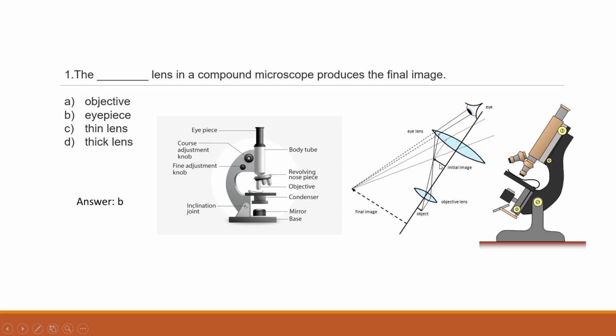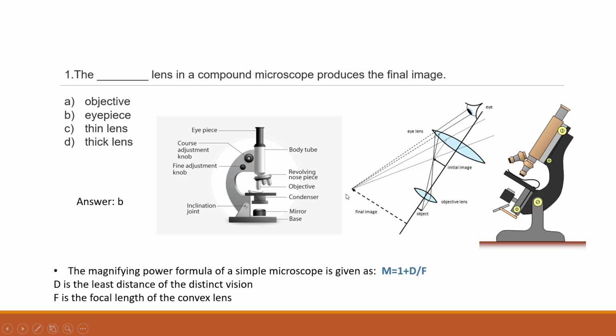This is your initial image, which will be inverted relative to your object. Your object here, you can see, has the arrow downward, and your initial image is upwards, and then your final image will come here.